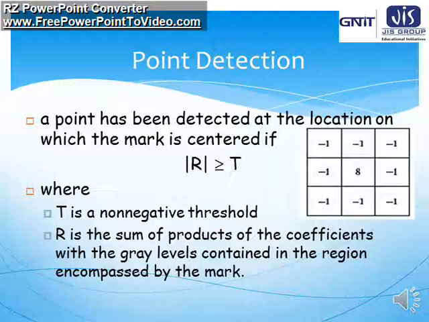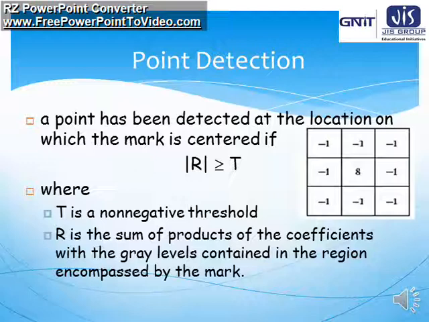A point or an isolated point is detected at the location on which the mask is centered if the modulus of R is greater than or equal to T, where T is a non-negative threshold value, a predefined value, and R is the sum of products of the coefficients and the gray levels contained in the region encompassed by the mask.